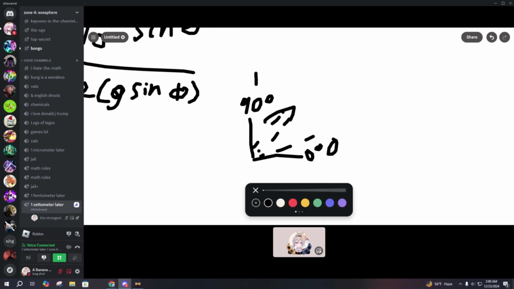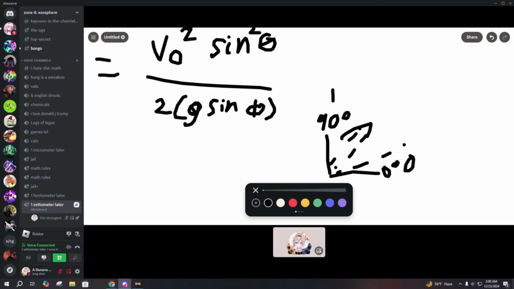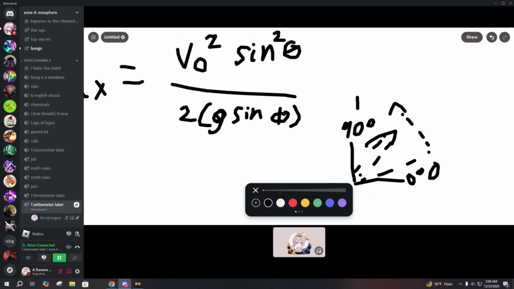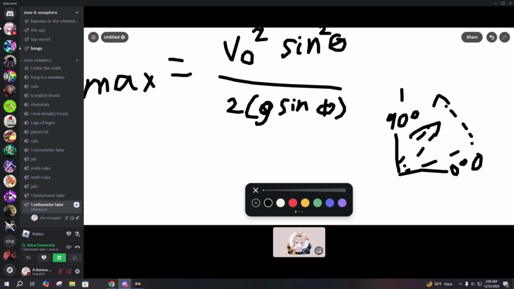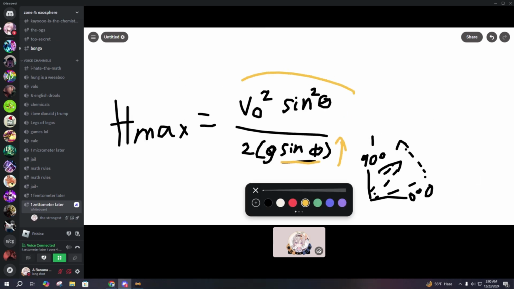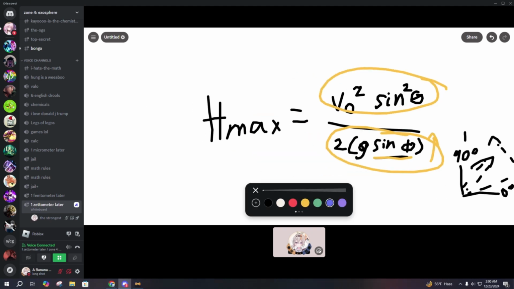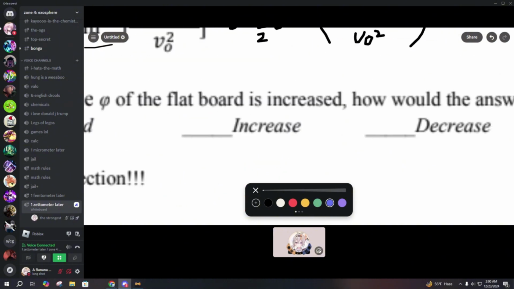Sine of 0 is 0. Sine of 90 degrees is 1. So as I go up an angle, sine is going to increase. But as I increase this sine phi value, I'm going to be dividing by a larger number, and hence that makes this go down. So the answer would be decrease.